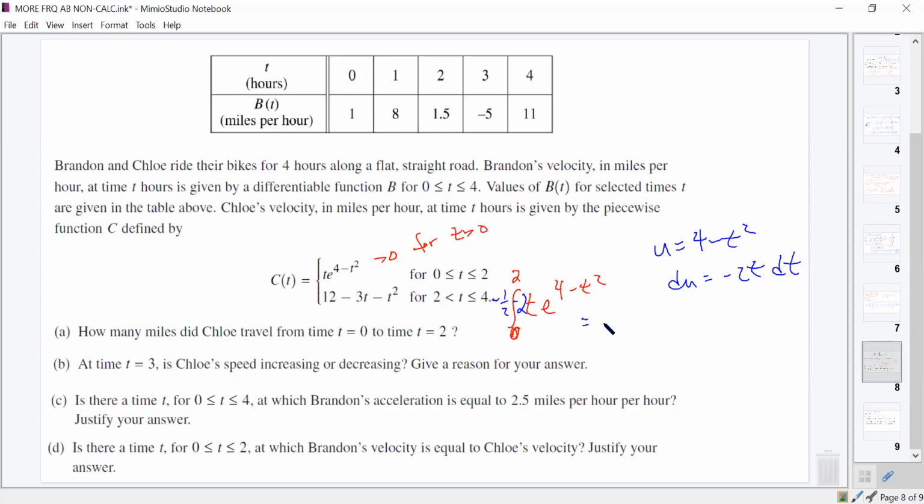And that's going to give me negative 1/2 of the integral. Now it's going to be from 4 minus 0 squared, which is 4, and then 4 minus 2 squared, which is 0. And then we'll get rid of the negative 2t dt, make that a du, and we'll have e to the u du. Everybody good with that?